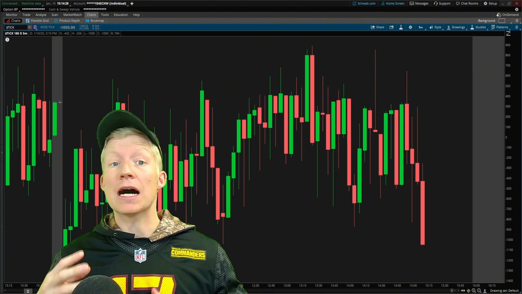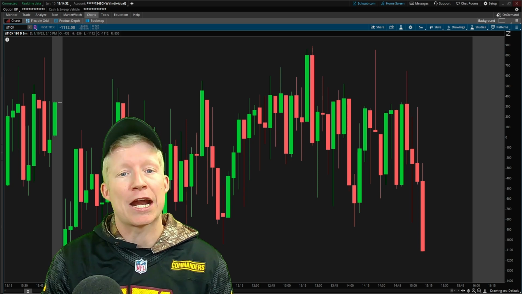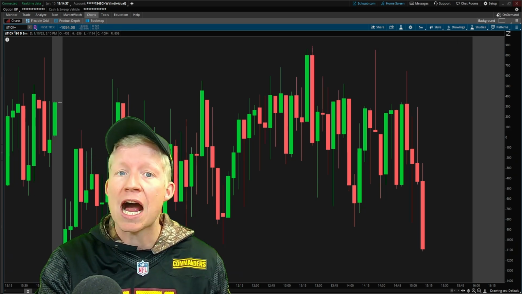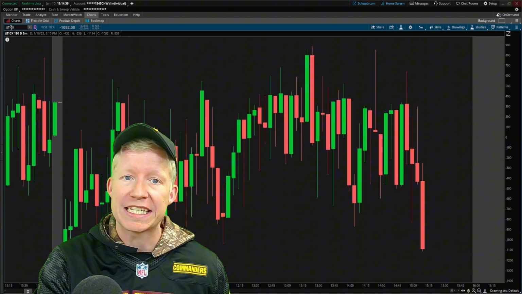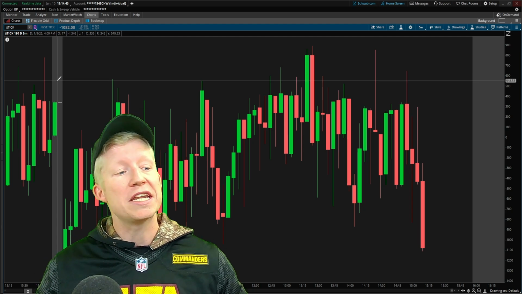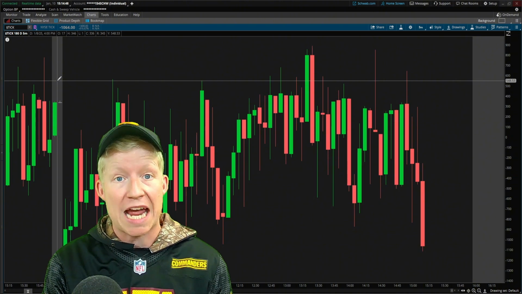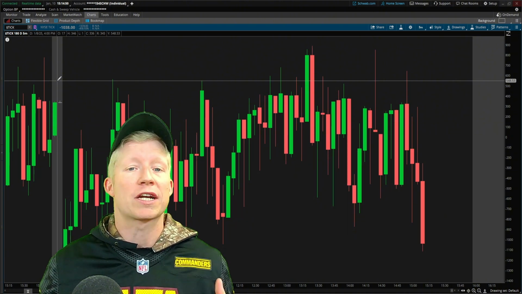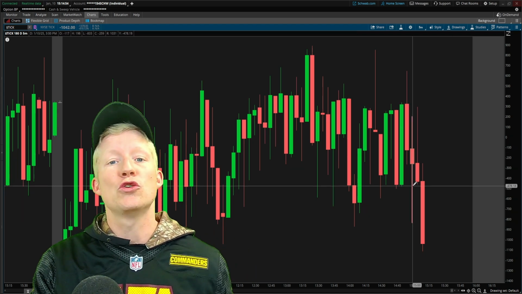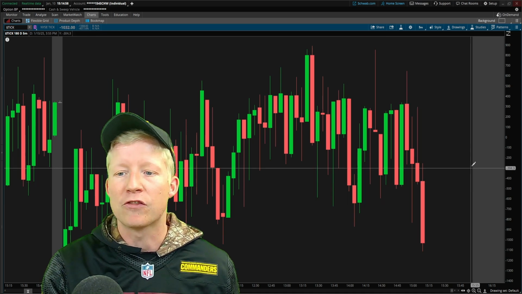If you wanted to be a little bit more precise in the underlying direction of the entire market, you can utilize the stock ticker symbol $TICK. This shows you the number of stocks moving up versus the number of stocks moving down. So unlike the New York Stock Exchange Composite Advanced Indicator that just shows you the number of stocks that are green, this gives you a little bit of a combination of both.